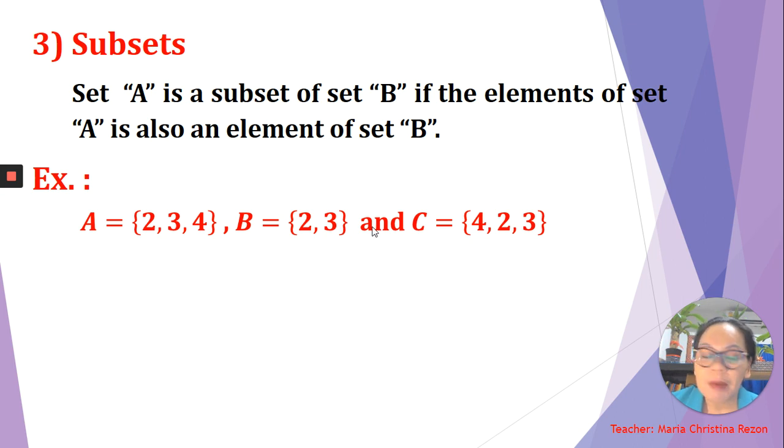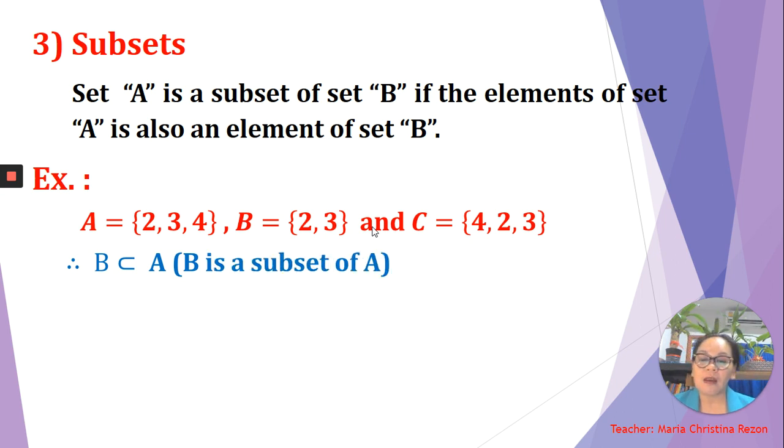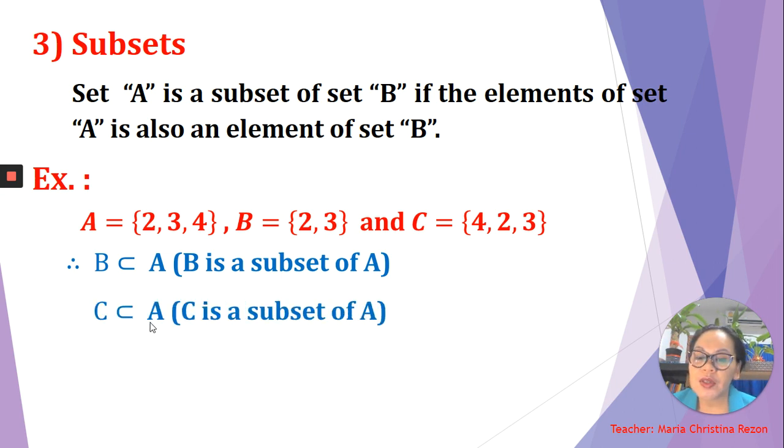What can you say about it? Then we can say that B is a subset of A. Why? Because all the elements of B are in set A. And we can also say that C is a subset of A. Why? All the elements of C are in set A.